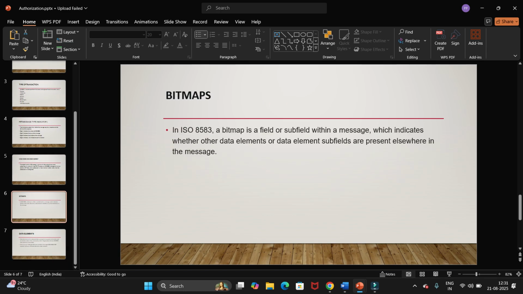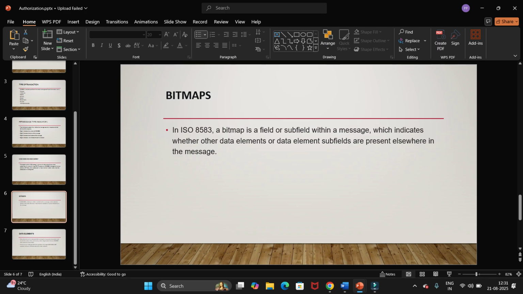Next, we have the bitmap. A bitmap is a field or subfield within the message which indicates which other data elements or sub-elements are present somewhere else in the message. It is a crucial element that indicates which data fields are present in the message.